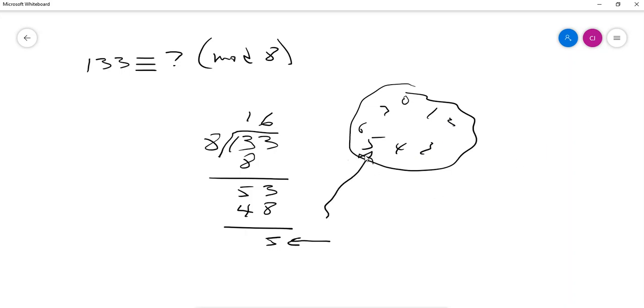I'd end up on 5. So that's what we mean. 133 is congruent to 5 in a mod 8 system. All right, so we're going to move on.